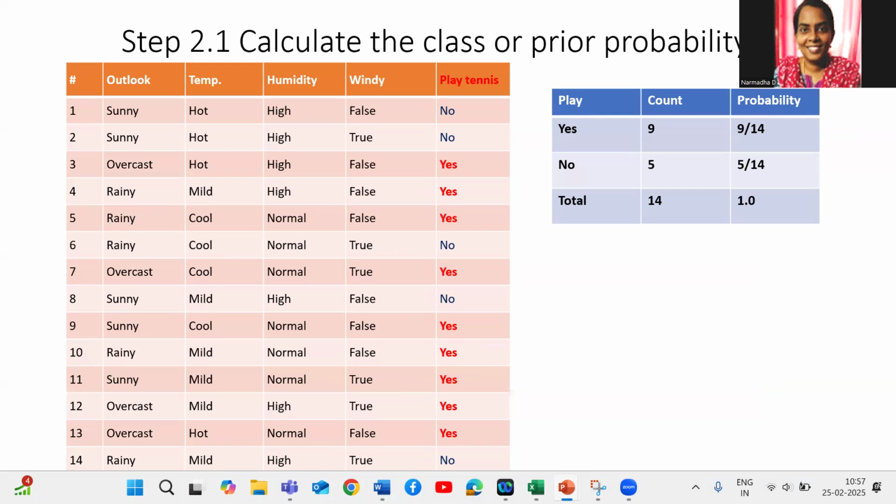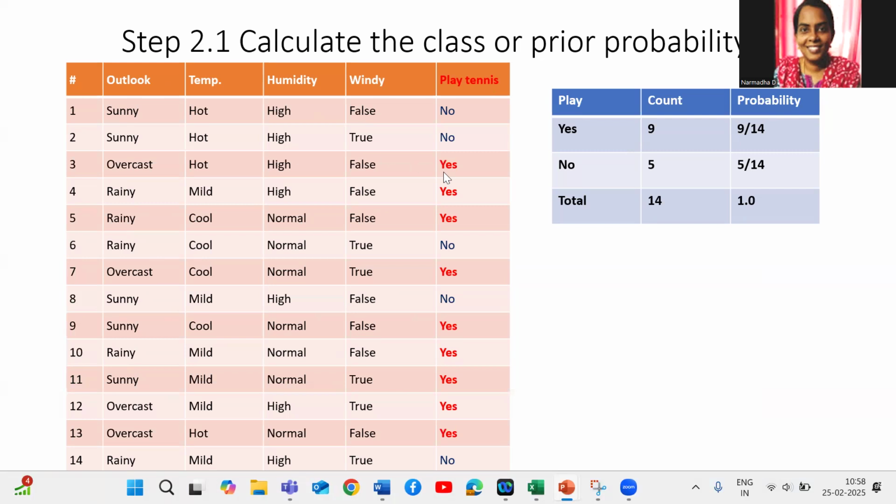First and foremost, after observing the data set, you have to calculate the class probability or prior probability, before you observe any new instances. You are given the features outlook, temperature, humidity, and wind, and you have to find the probability of going out to play or not.